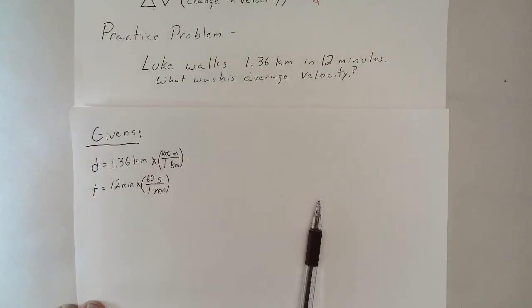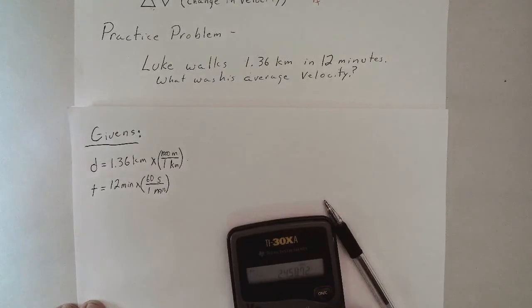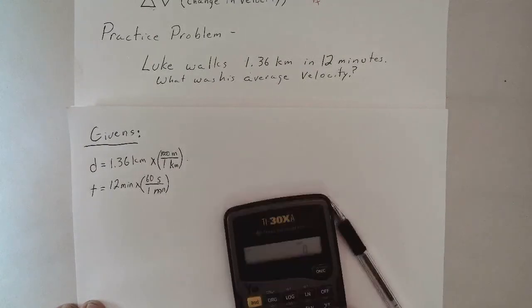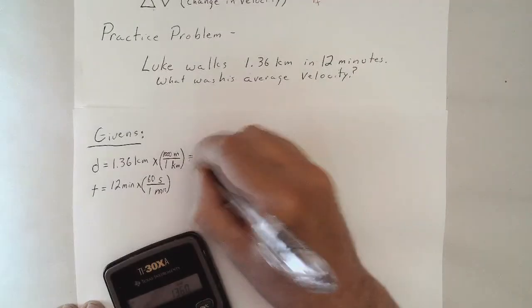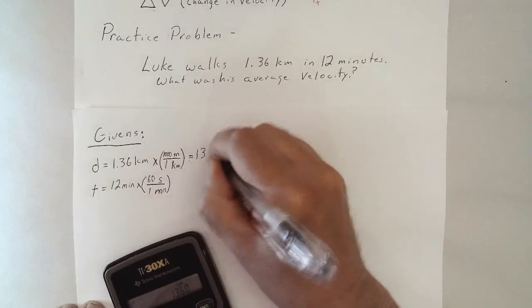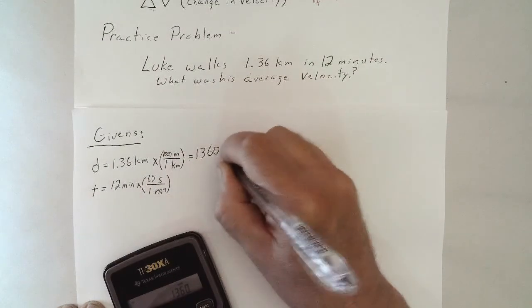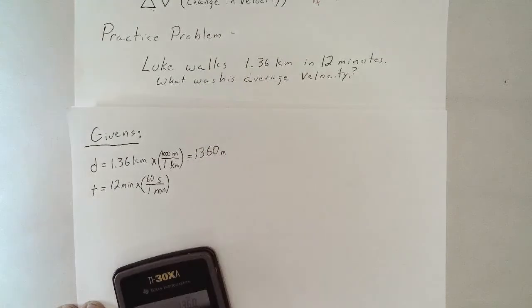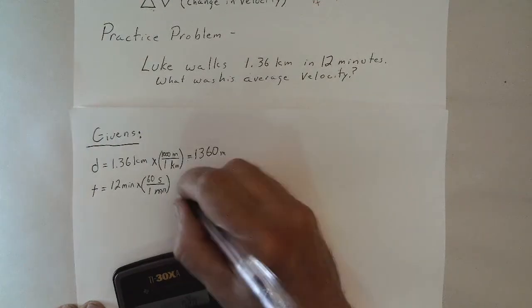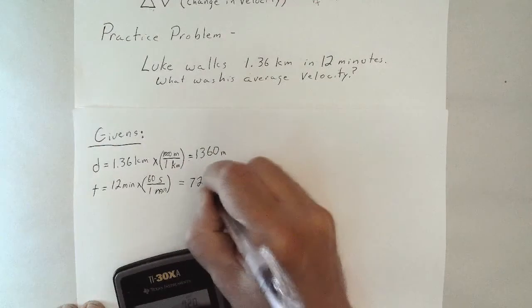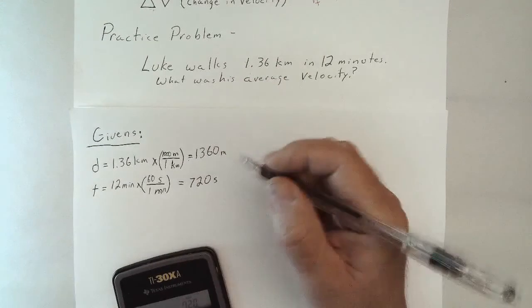Now we can take out the calculator. We could do some quick calculation and say 1.36 times 1,000 equals 1,360 meters. We can then say 12 times 60 equals 720 seconds.